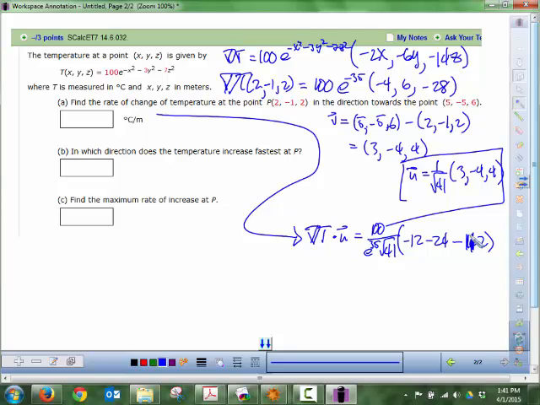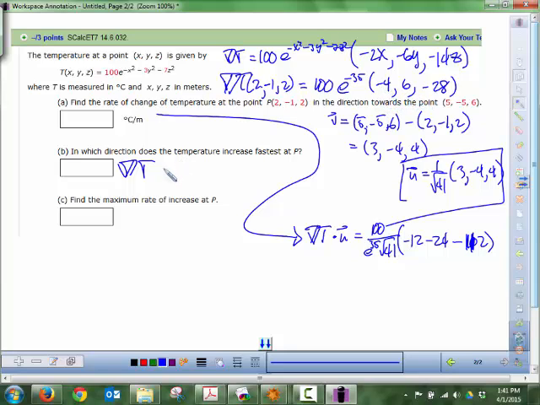Which direction does the temperature increase the fastest? From this point, you can just put in the gradient of T that you found over here, or since you just want the direction, right? You can ignore the coefficients out in front, and you can even take out another 2 out of this, I think, right?